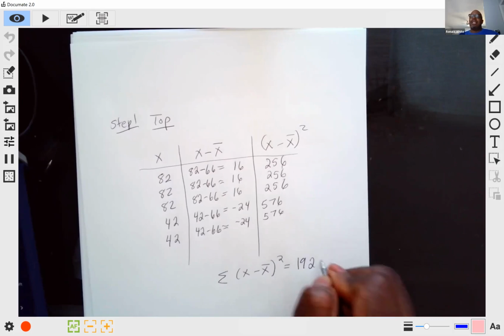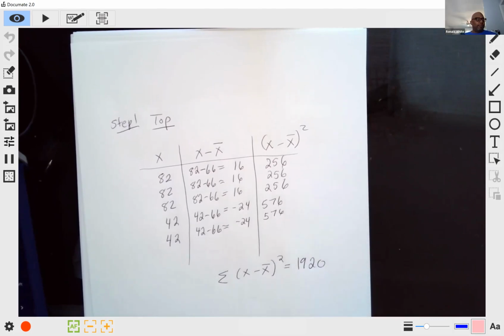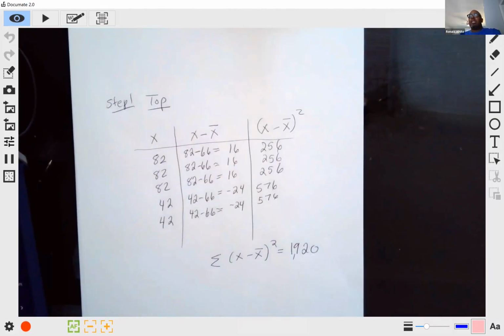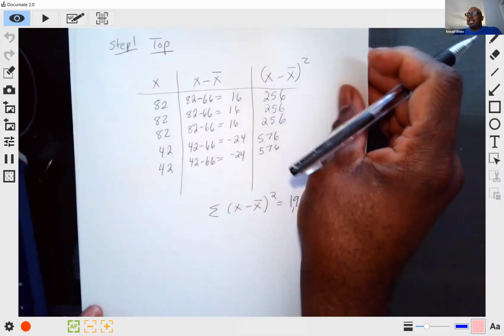So our numerator is 1,920. Again, if you want to pause, take some notes, go back, rewind, look at it again, that's fine. Now everything else is easy.